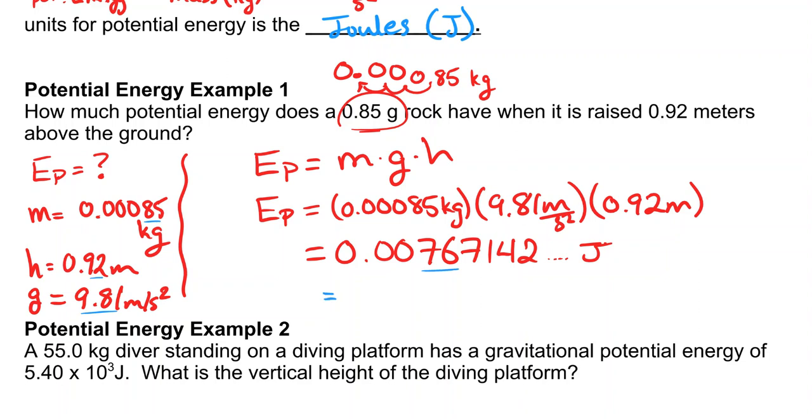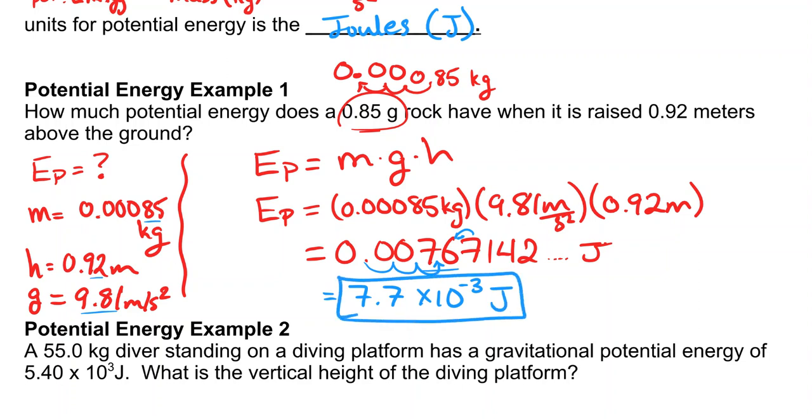This is going to become 7.7 times 10 to the -3 joules. Perfection. There we go. So that's how much potential energy a tiny, tiny little insignificant rock has when we raise it up 0.92 meters above the ground.